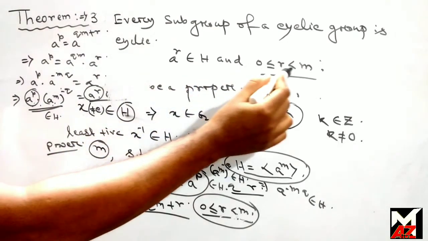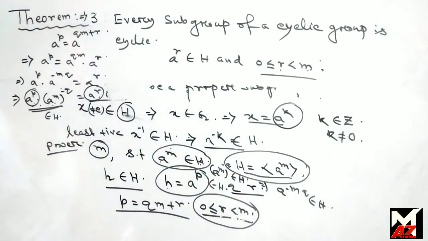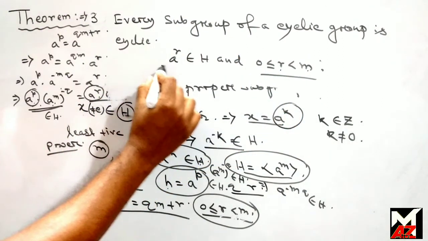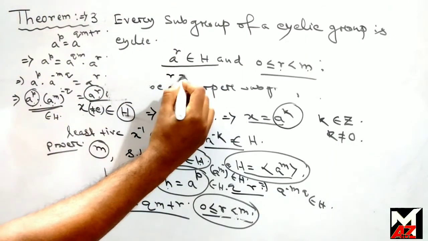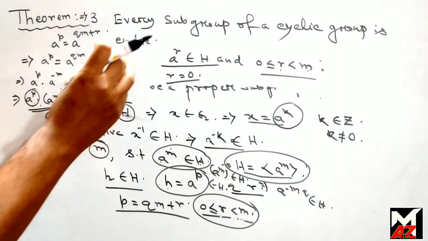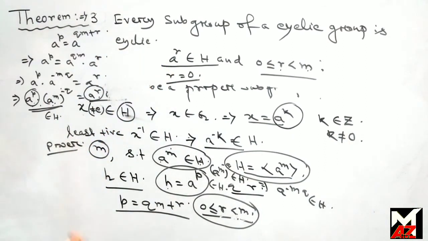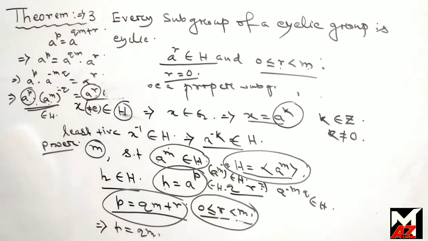But this relation gives R is less than M. So only one possibility holds, which is R is equal to 0. And if R is equal to 0, then this result turns to P is equal to QM. Right? P is equal to QM.